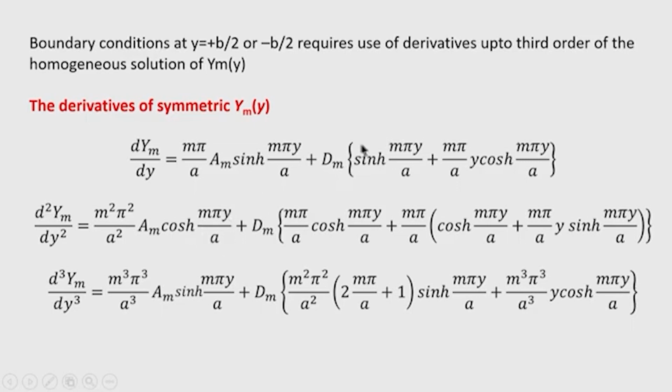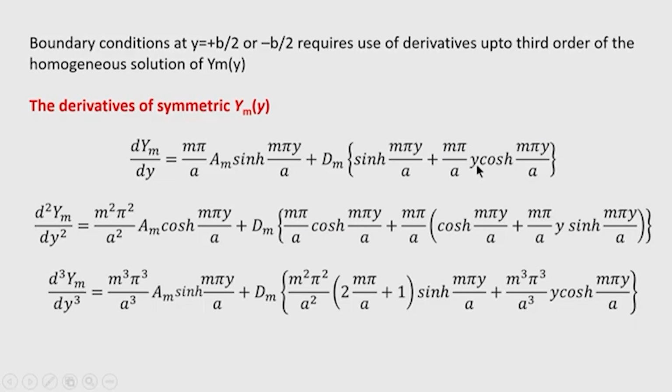Then the terms inside the second bracket I will differentiate. Sin hyperbolic differentiates to m pi by a cos hyperbolic m pi y by a, and the constant term stays. The term y cos hyperbolic m pi y by a is differentiated term by term.